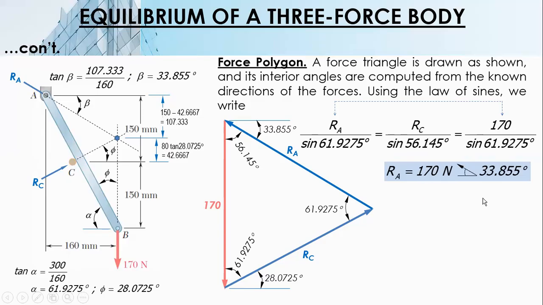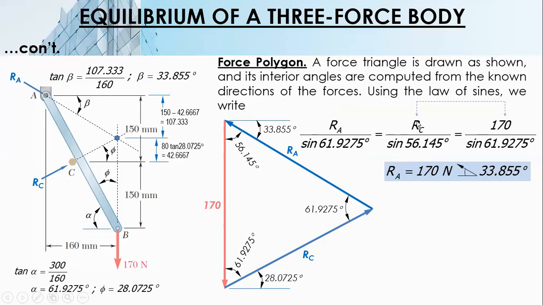Actually, if you look at this one, isosceles triangle, okay, same yung angle, 61.9275. Therefore, kini na side o kini na side equals at kay same ang base angles. That's why ang atong RA 170.